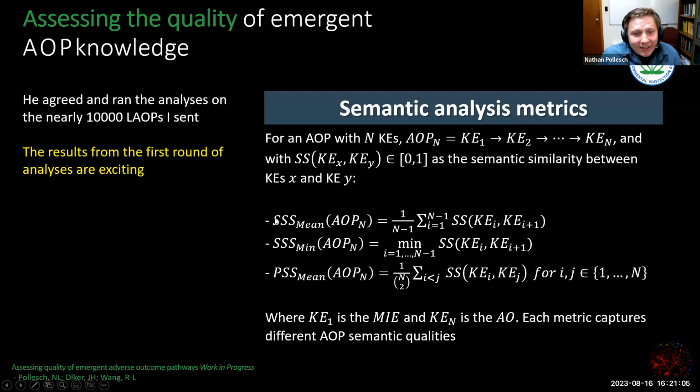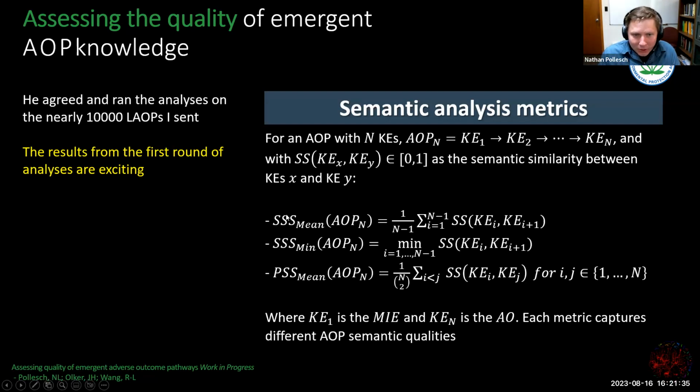And this is saying that for a given AOP or EAOP, so you could apply this to either type of object, it doesn't matter, for the sequential semantic similarity, we look at the mean of those and we look at the minimum of those. And the idea of the mean is essentially like, what's the average score sequentially when we look at a KE to KE.